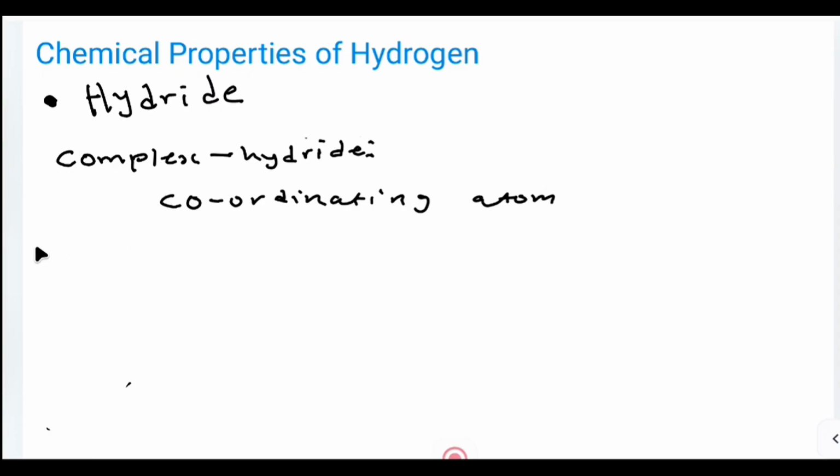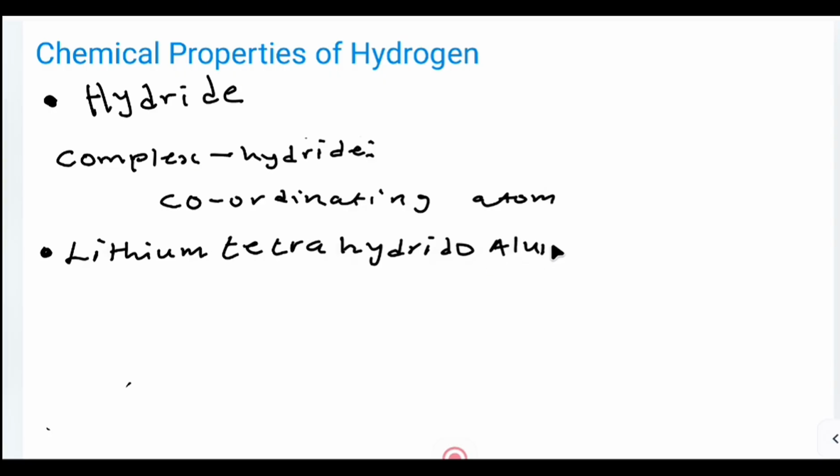A popular complex hydride is lithium tetrahydrido aluminate(III).